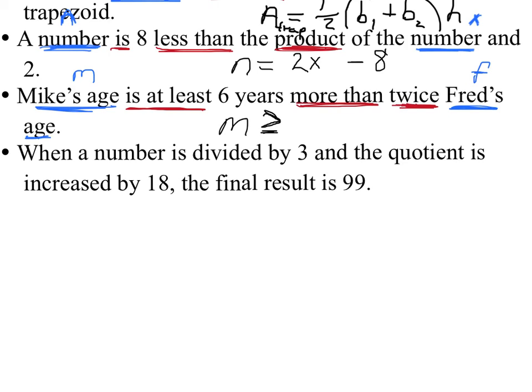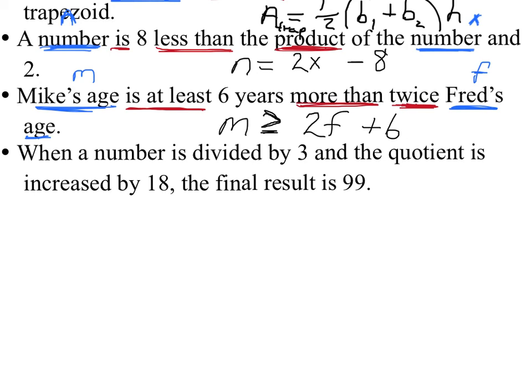Okay, more than is one of those exceptions to the rule. We're going to have to add 6 on the end. We're not going to do 6 plus. And then twice Fred's age. Twice Fred's age would be 2F. Okay, and now we're down to the last example.